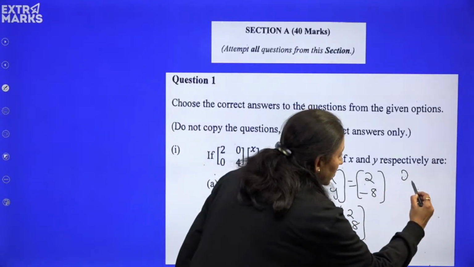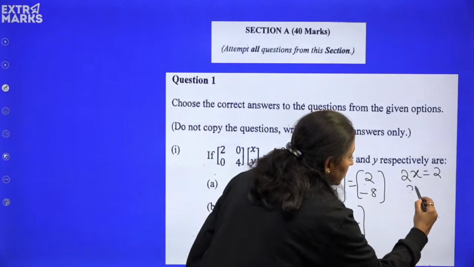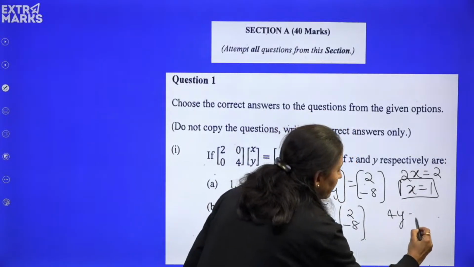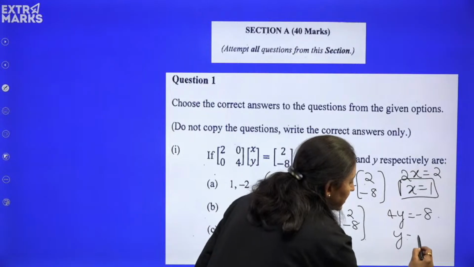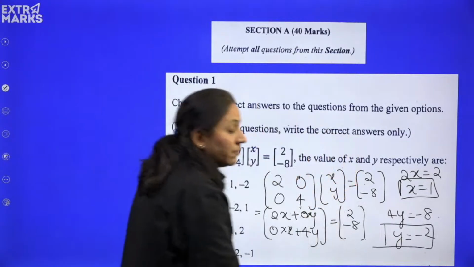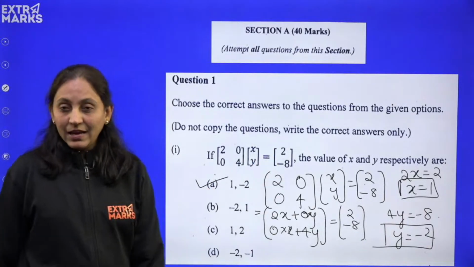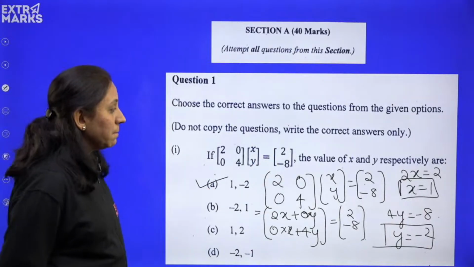So we get 2x is equal to 2, so x is equal to 1, and 4y is equal to minus 8, and the value of y is minus 2. So the option is option A, which is 1 comma minus 2.